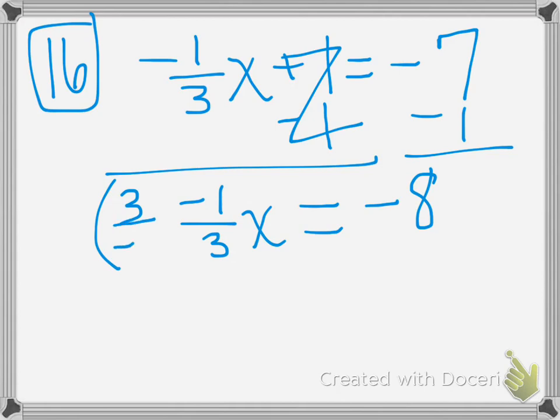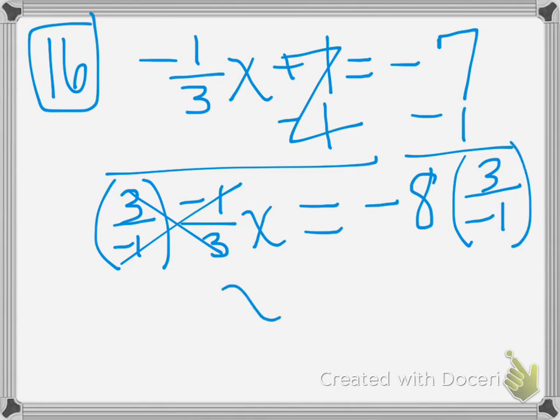Canceling this, I multiply by the reciprocal, 3 over negative 1. So I get x equals negative 8 times 3 is negative 24. Divided by negative 1 is positive 24. So x equals 24. At this point, your worksheet should be completely filled out.